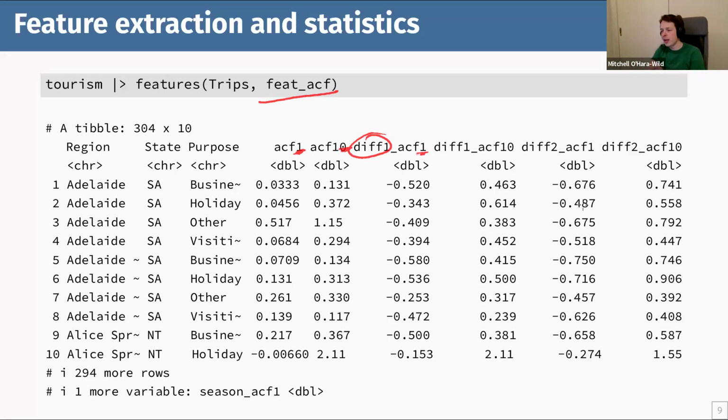And you can compute heaps of these, and they all give a different view of what the data contains. Now, these aren't as interpretable as the trend strength and the seasonal strength, but they help identify different clusters of similar time series.